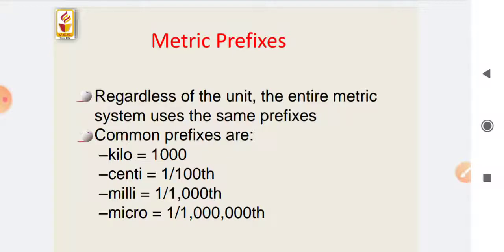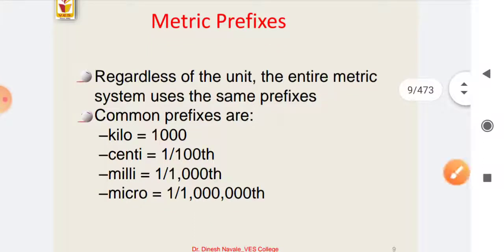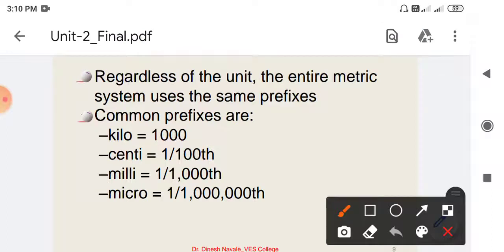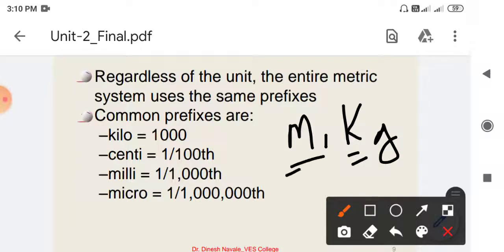Now next, regardless of the unit, the entire metric system uses the same prefix. Okay, so even if we have units of meter or kg, this will measure the length, this will measure the weight of the system.